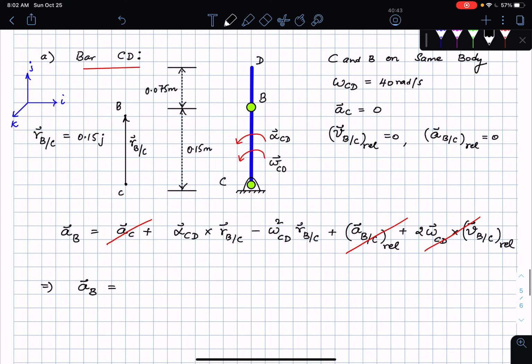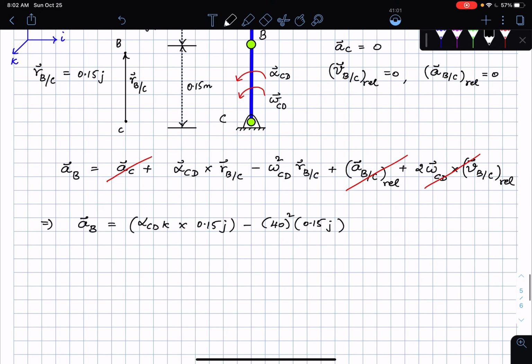So alpha CD K crossed with 0.15 in the J direction, and then I'm going to have omega square CD, which is 40 square, times 0.15 in the J direction.